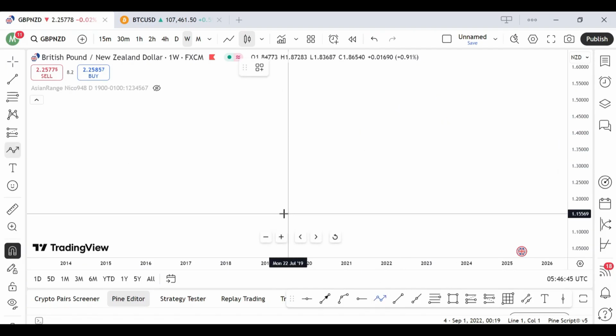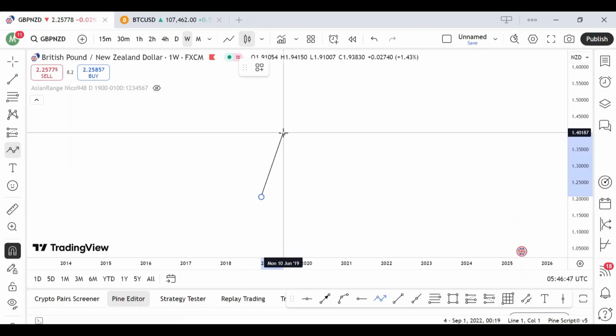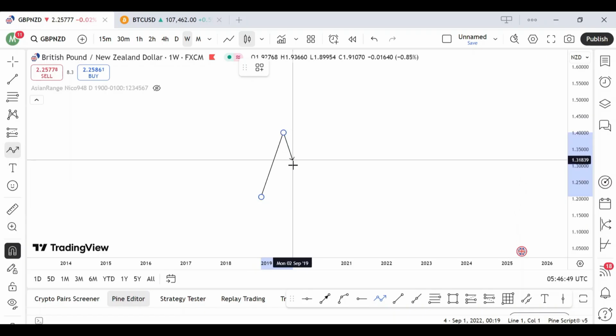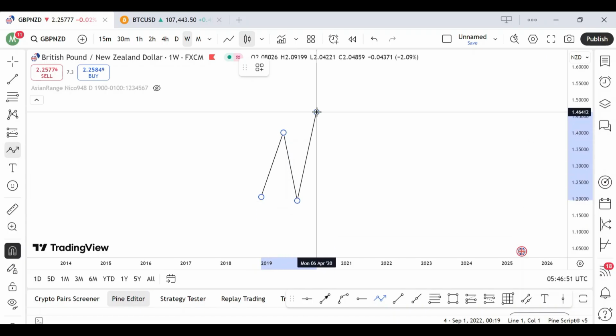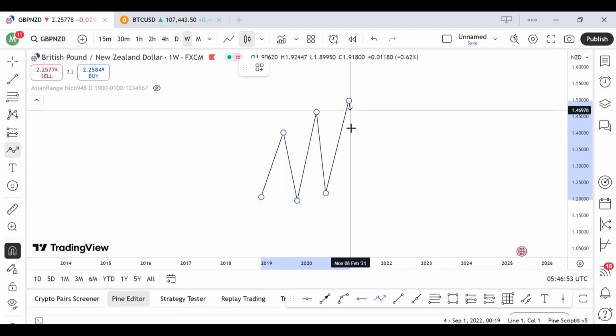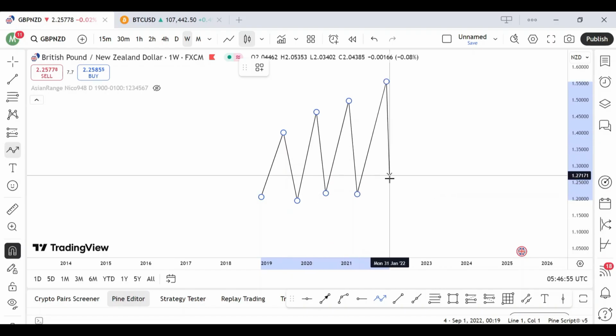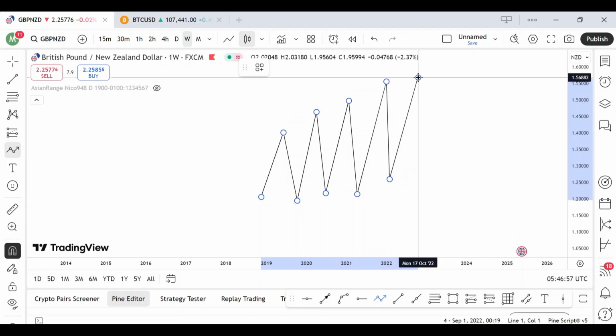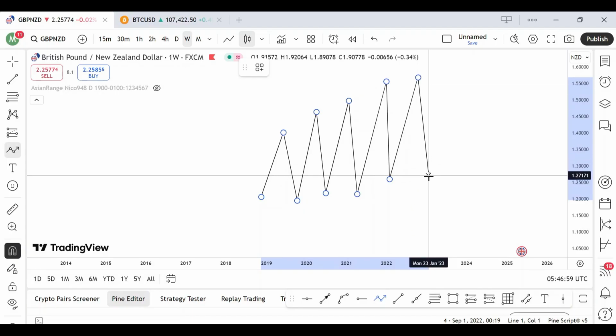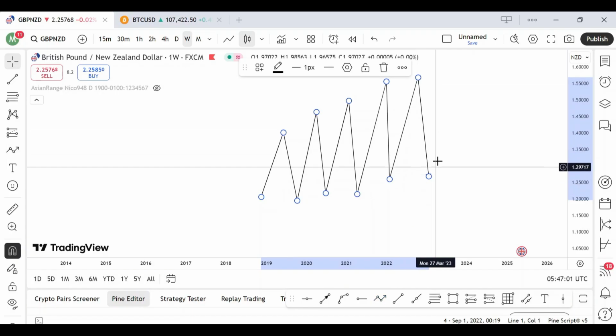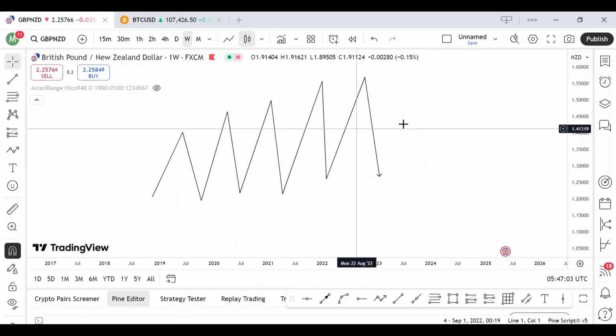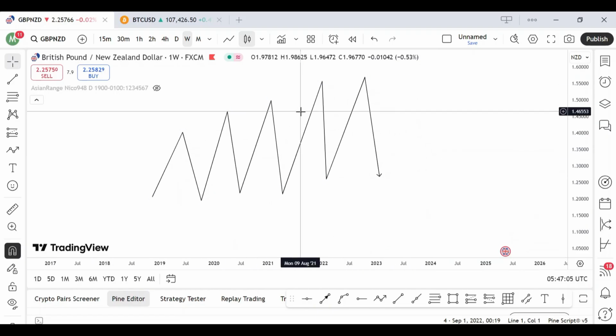So once you identify a swing structure on the higher time frame, and you've discovered that price is in an uptrend, making a series of higher high, higher low, or in a downtrend, you go to the lower time frame and you look for entries.